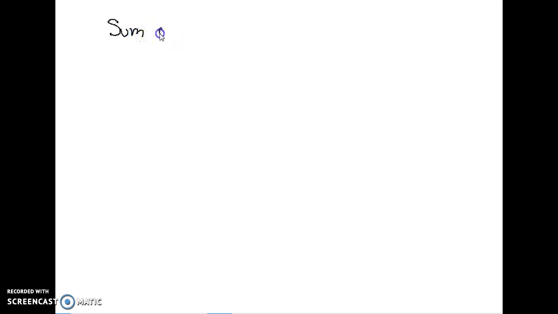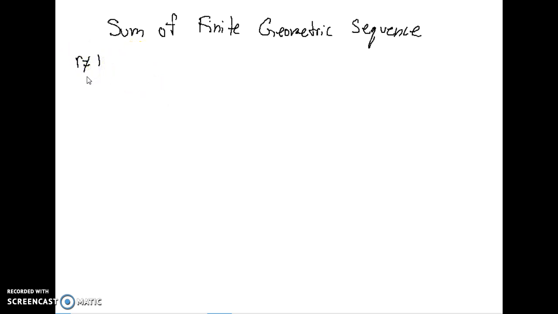First, going to talk about the sum of a finite geometric sequence. Now, worst comes to worst, all you have to do is add them up. That's what sum means. So our r value again for this cannot equal 1.